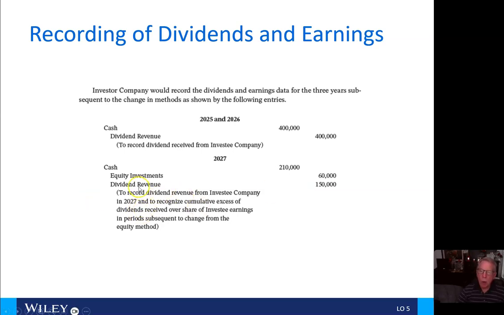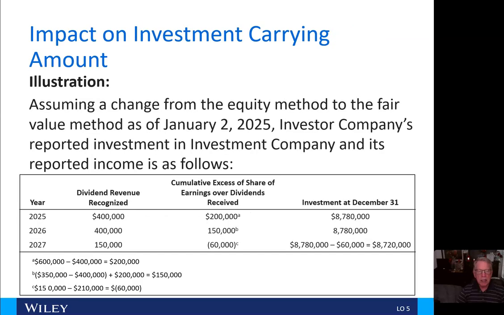That records the dividend revenue of investee company in 2027, and recognizes the cumulative excess of dividends received over the share of investee earnings in periods subsequent to the change from the equity method. That's quite an explanation, so you have to go back to these pages to see how those numbers came about.